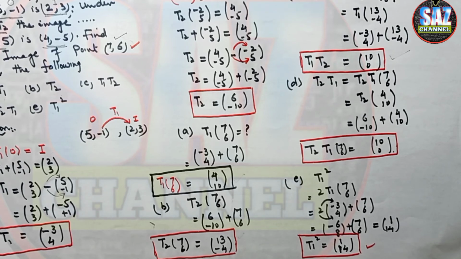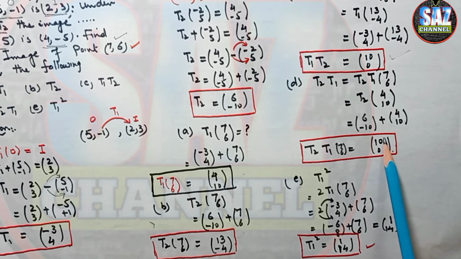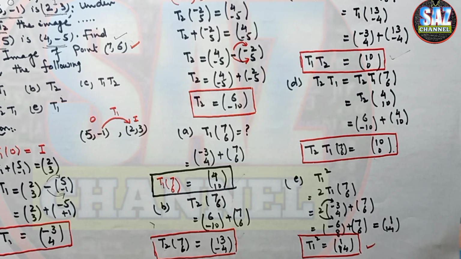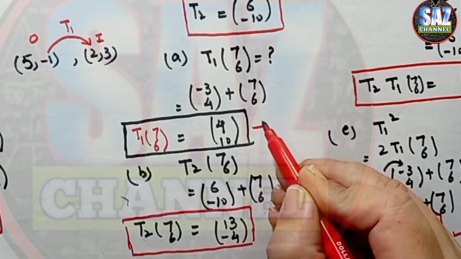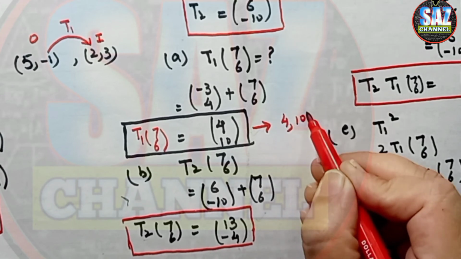And one important thing that I have not done in the beginning, and I want to focus on that point, is that we have to find the image of the point. So if we look at the answers of T1, T2, T1 T2 or T2 T1, they are in column vectors, but the question says that we have to find the coordinates of the image of the point. So these answers must be turned into point form, that is (4, 10).